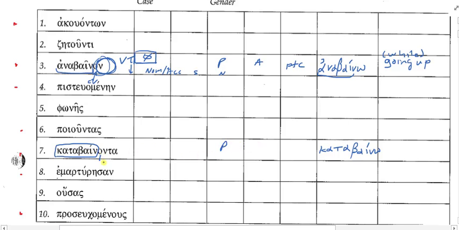I've got my connecting vowel followed by a nu tau, which is indicating a participle of which variety, active or middle passive? It's active. By the way, if my participle's middle passive, what will I have instead of a nu tau? What will I be seeing?